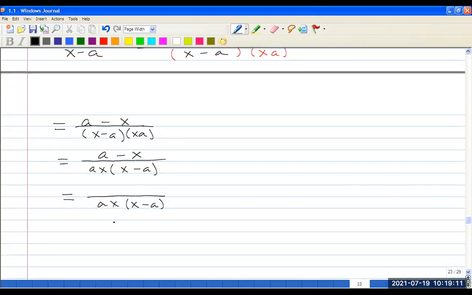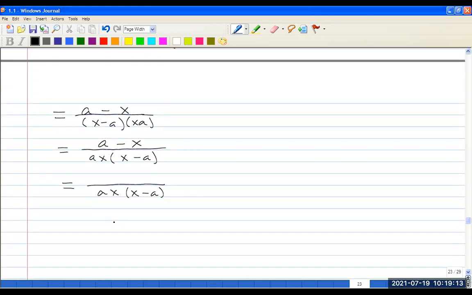Instead of writing it as a minus x, let's write it as minus x plus a. And now let me factor out the minus 1 from the numerator. If I factor out a negative, then I have to change all the signs inside the parentheses.